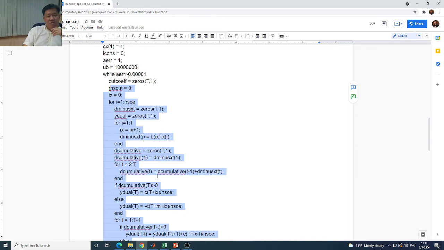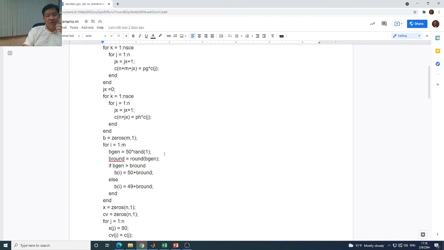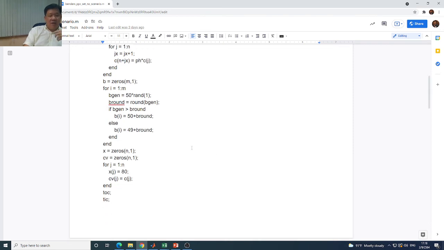But this one you need to adjust to fit the structure of the problem initialization, which is different from what we import from the Excel file. This one just makes it general, and the B right hand side can be generated for any scenario. You can set the number of scenarios as much as you want.